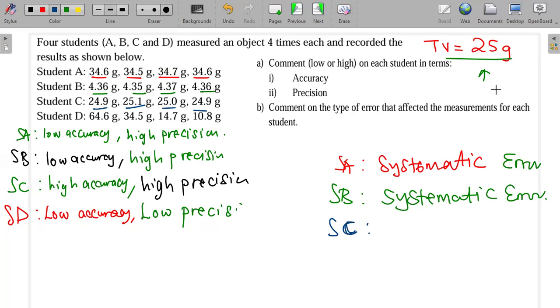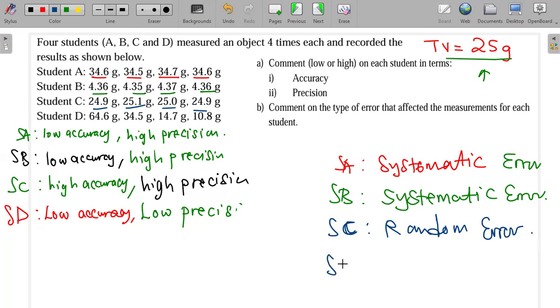So the error there is actually a random error because the errors are going in both directions. We have those values that are greater than the true value, and those values that are less than the what? Than the true value. So the error there is the random error for student C.